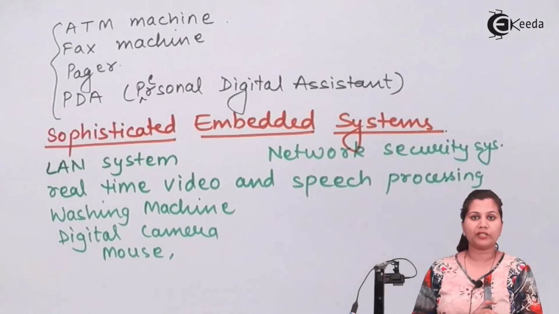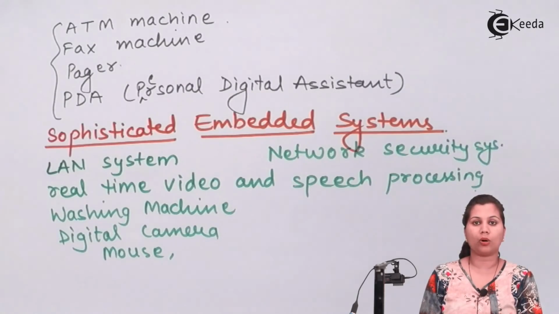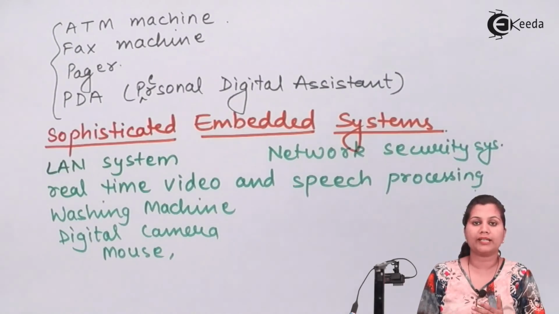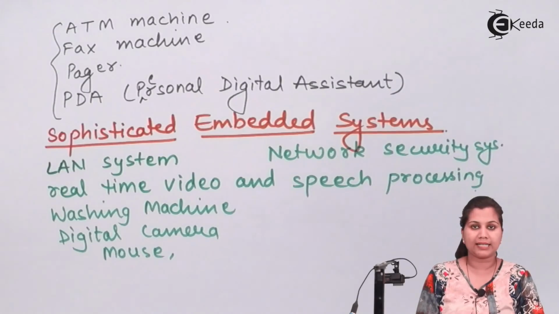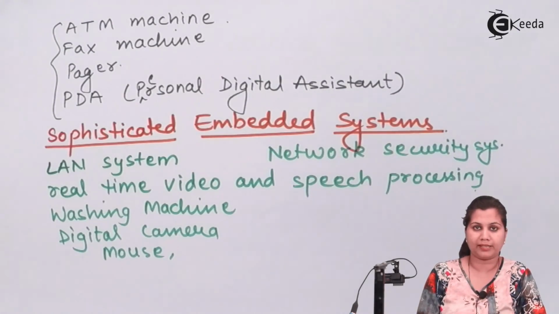So in this video, we studied the classification of embedded systems based on the size of the system, that is, the size of the microcontroller or microprocessor used in the system is going to decide the classification. On the basis of that, we classified embedded systems into small scale, medium scale and sophisticated embedded systems.